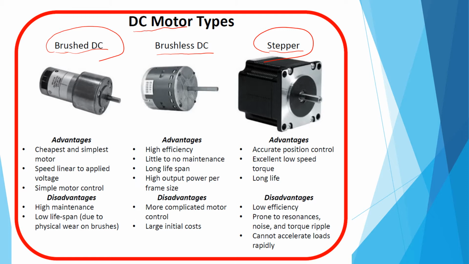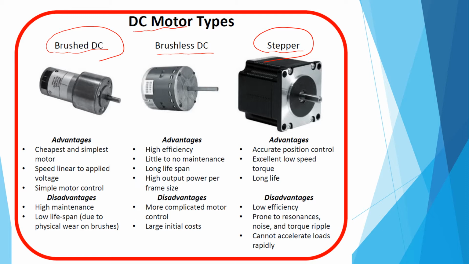Advantages of brush DC: cheapest and simplest motor, speed linear to applied voltage, and simple motor control. Disadvantages of this motor are high maintenance because of the brush and commutator assembly, and low lifespan due to physical wear of brushes.